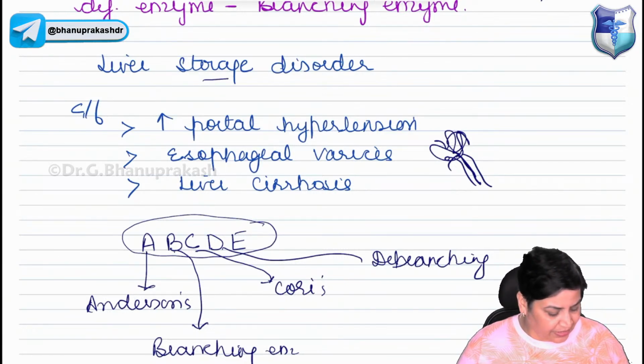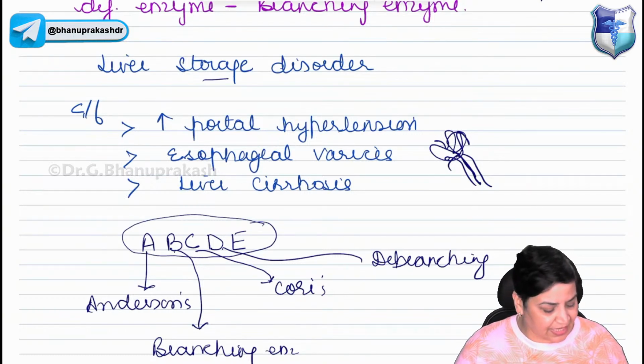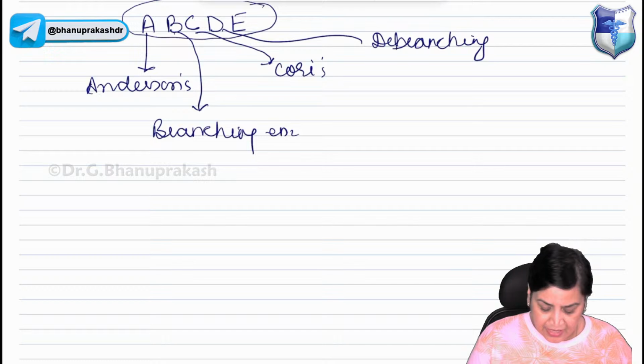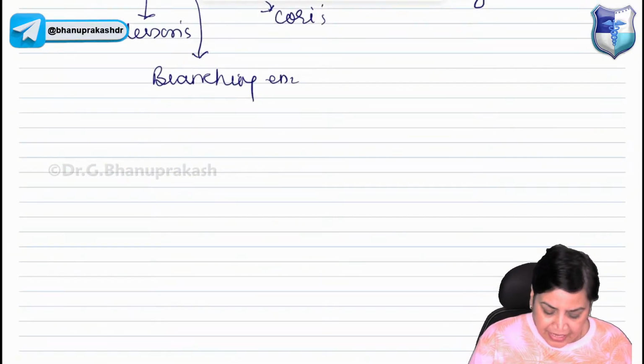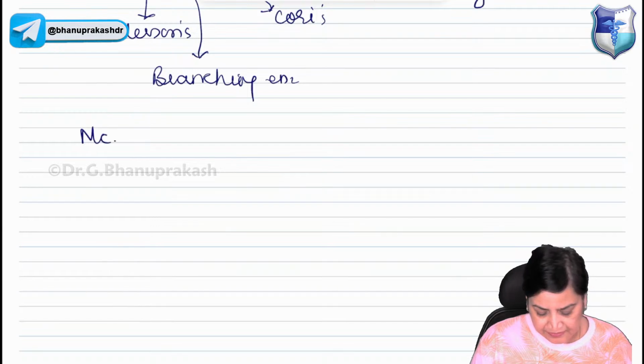After this I will come to McArdle's disease. Now it is clear? Then we come over to type 5, McArdle's disease.